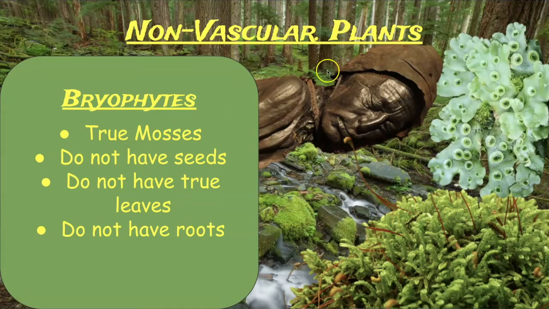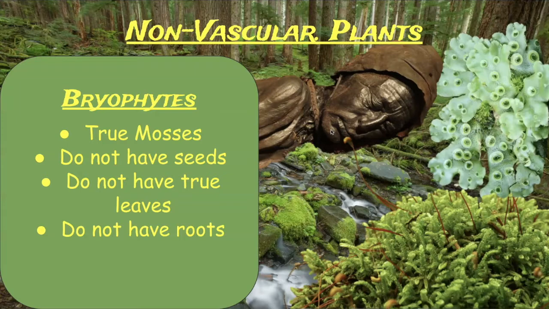Some of you might be wondering what in the world this guy is doing here. This is a bog mummy, they call them B-O-G mummy. What happens is sphagnum moss, which is a type of non-vascular plant, again because they don't have true organs, relies on areas that are kind of swampy in some cases to survive.